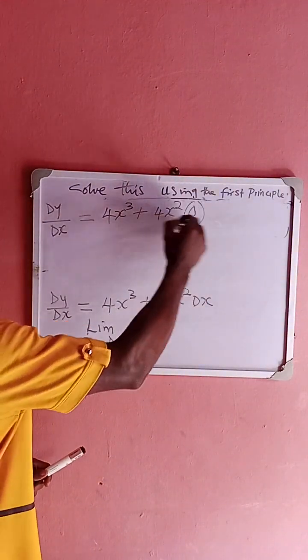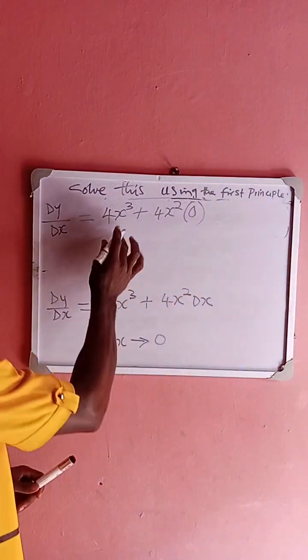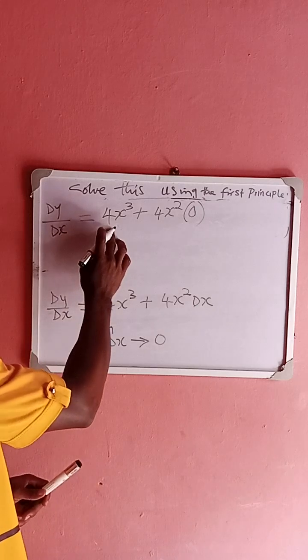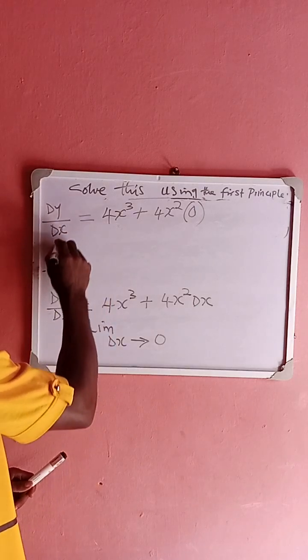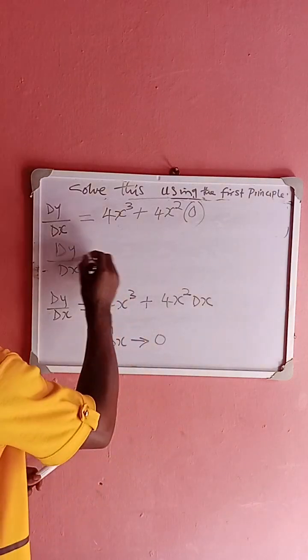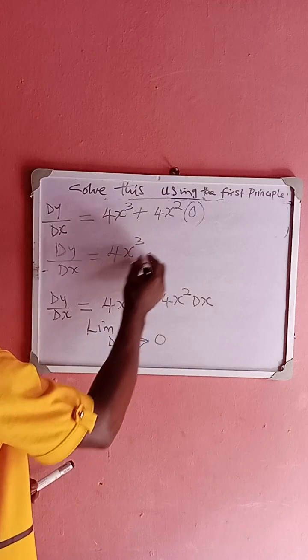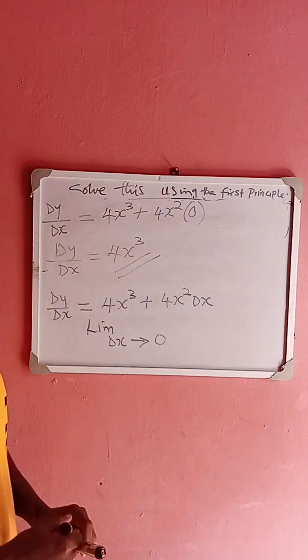And remember that everything here becomes 0. Since everything here becomes 0, then we are left with 4x raised to the power of 3. We have change in y all over change in x is equals to 4x raised to the power of 3. This is our final answer.